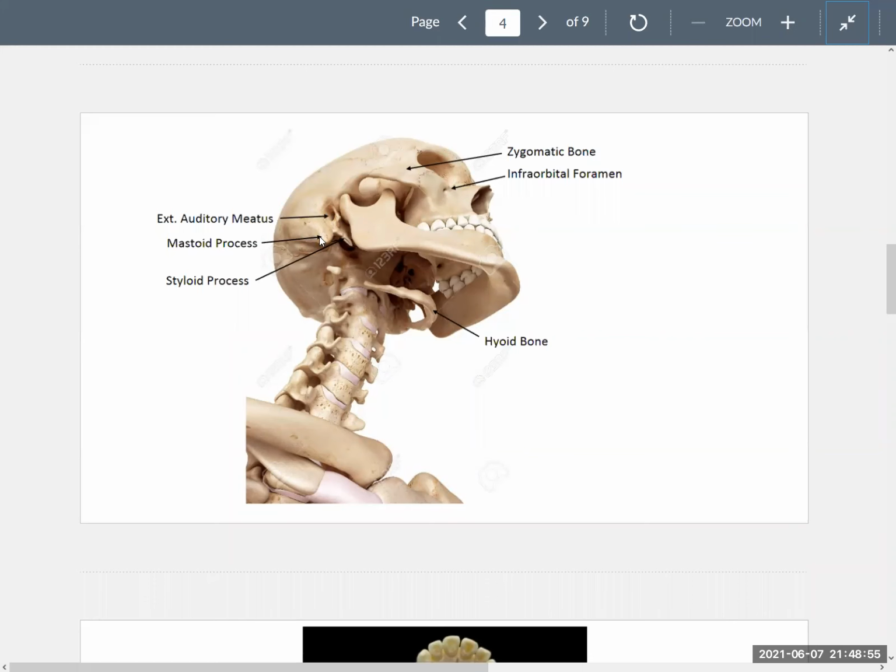We found our mastoid process a moment ago, and you can't feel, and don't go feeling for it, the styloid process inside that looks more or less like a fang when you see it on a skeleton. I do have a skeleton box right here with me, and I'll be using it, but not today. Okay, here's the styloid process. Many of us have styloid processes that are broken. It doesn't matter, they still function.